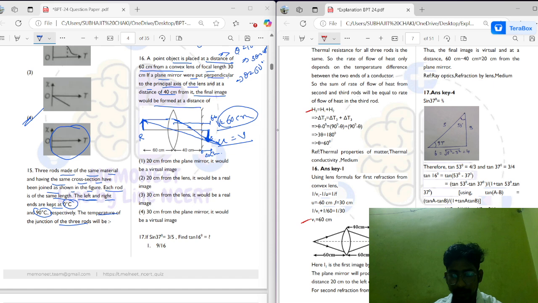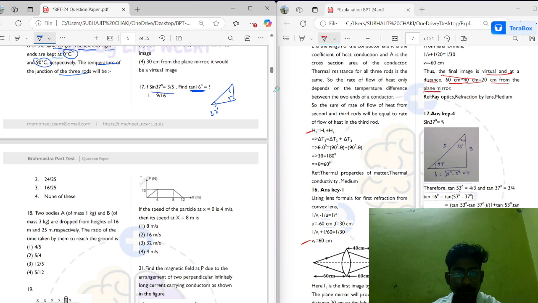Sine 37 degree equals 3 by 5. Tan 16 degree, you have to calculate. How to calculate this? If there is a triangle with 90 degree, 37 degree, and 53 degree, then you can calculate sine 53.